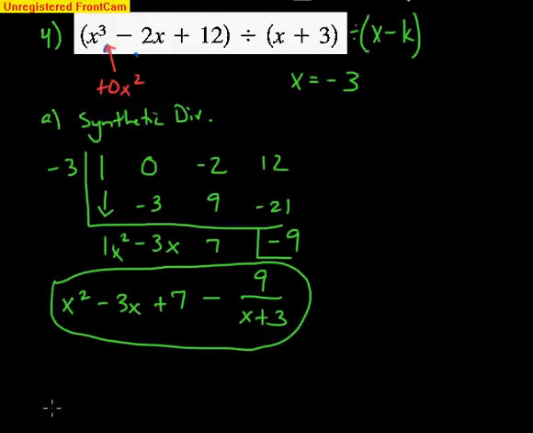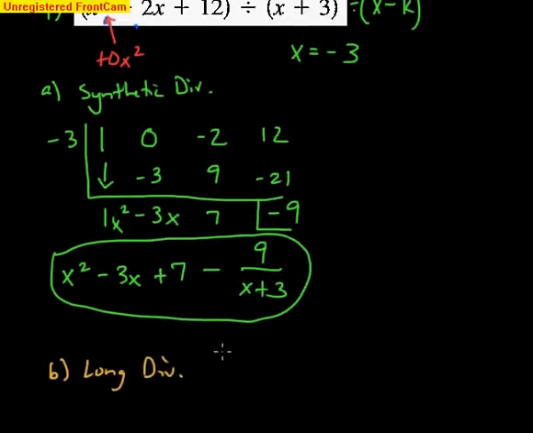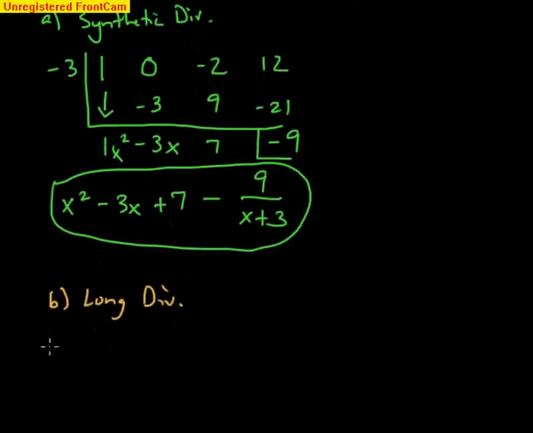Alright, so I'm going to put it right down here, small. Let me sneak down just a bit. I'm dividing by x plus 3, so that's going to go on the outside, x plus 3. And on the inside, it's going to go x cubed plus 0x squared minus 2x plus 12.